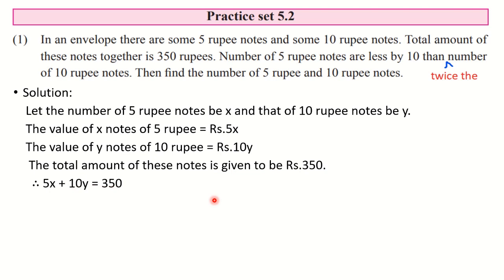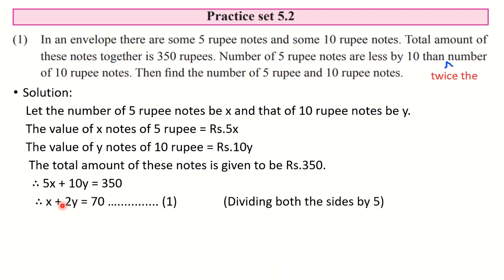But don't number it as 1 in a hurry. What we can observe here is that we can reduce this equation to a simpler form. You will find that every coefficient is divisible by 5. So divide both sides of the equation by 5. Every term you divide by 5, and then you will get the new equation x plus 2y is equal to 70.